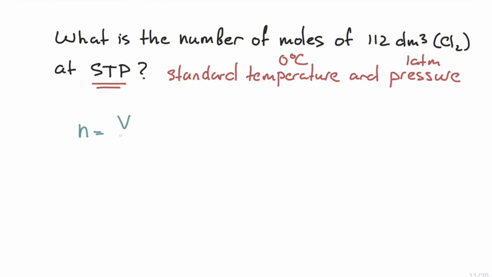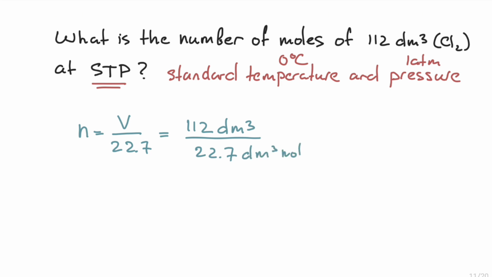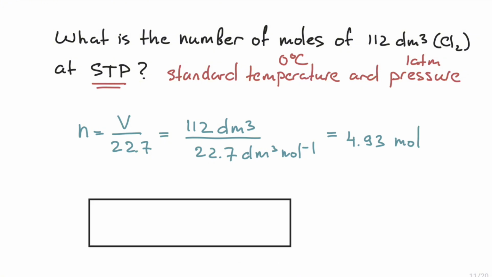So mole equals volume divided by 22.7. Volume you will just insert from the question. So 112 divided by 22.7, the gas constant, will be equal to 4.93 moles of chlorine gas. So this huge volume of chlorine gas is only 4.93 mole.